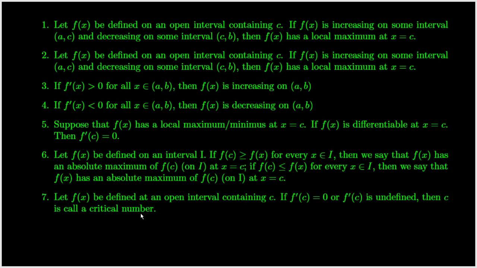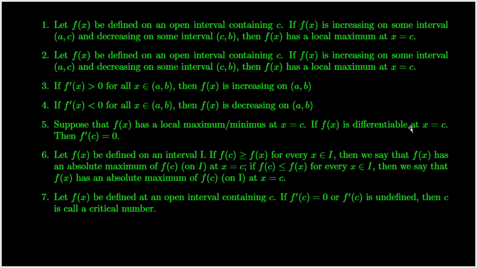I was trying to motivate the next conclusion. Okay. You look at item number 5. Now suppose the function has a local minimum or maximum at a number. If the function is differentiable, graphically it means the graph of the function is smooth at that point.